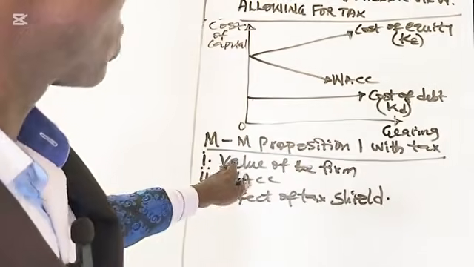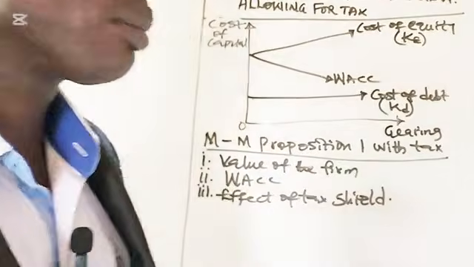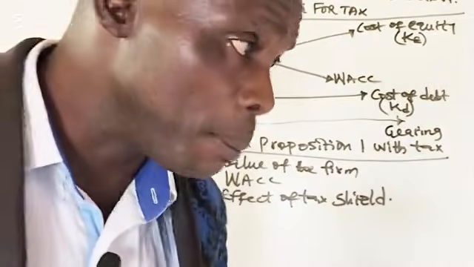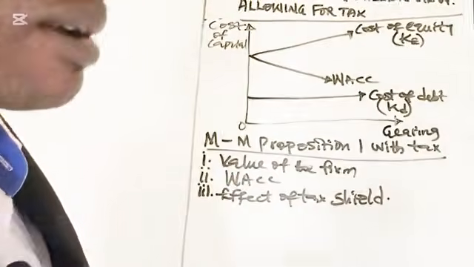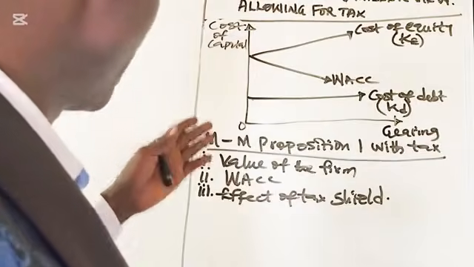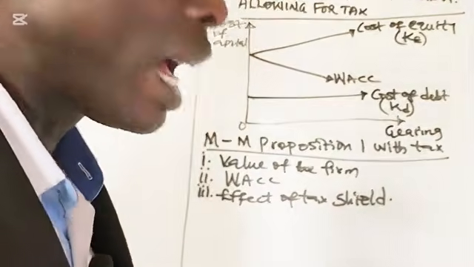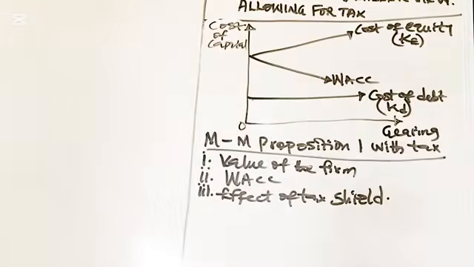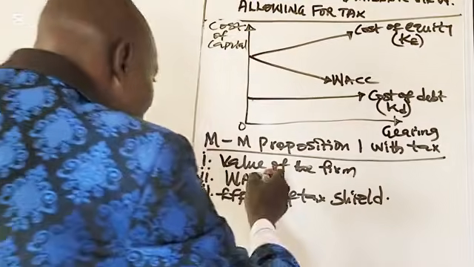In accordance with M&M Proposition 1, the value of a geared company is greater than the value of an ungeared company. That is the value of the firm.